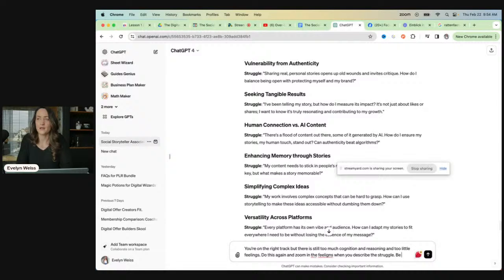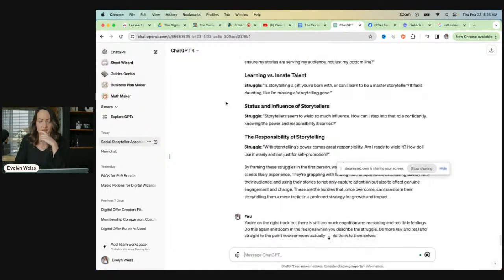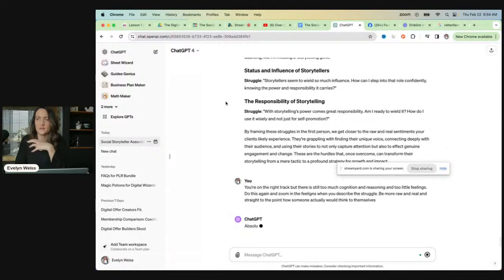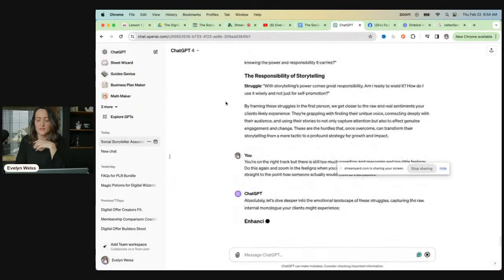Be more raw and real and straight to the point, how someone actually would think to themselves. So I do think that there is still like missing the mark of what this actually feels like.